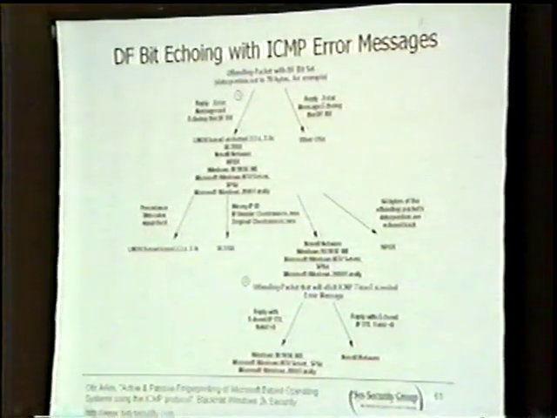This is an uber mass scheme that works with what I call DF bit echoing with ICMP error messages. All I have spoken about until this point was query messages and their unique replies. Well, you can see many more differences between one operating system and another if you are looking into ICMP error messages.